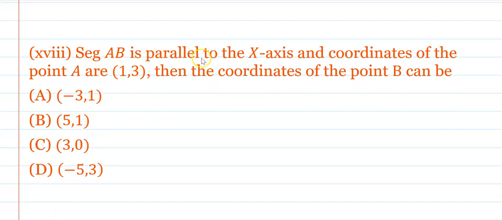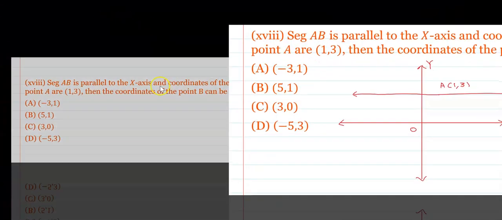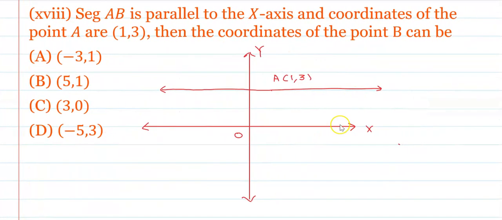Segment AB is parallel to x-axis and the coordinates of the point A are (1, 3). Then the coordinate of the point B can be? Here the segment AB is parallel to x-axis. When a line is parallel to x-axis, its y coordinate is constant. y किती असला पाहिजे तर 3 असला पाहिजे. तर या ऑप्शन मध्ये कुठल्या पॉइंटचा y coordinate is 3?